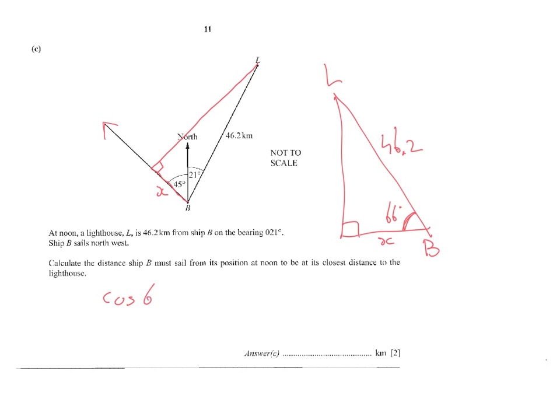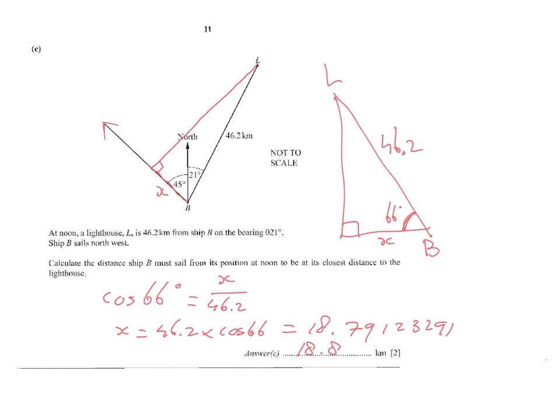So we're talking about the cosine of 66 degrees equals the adjacent over the hypotenuse. So X equals 46.2 times the cosine of 66. If I plug it in, I get 18.79123291. So that is, to three significant figures, 18.8 kilometers.